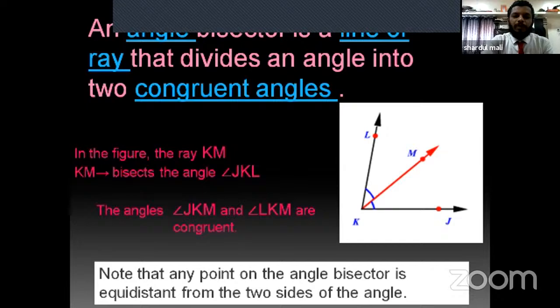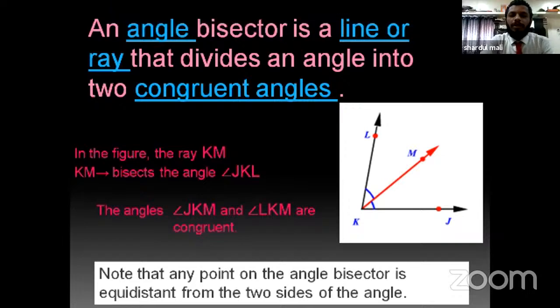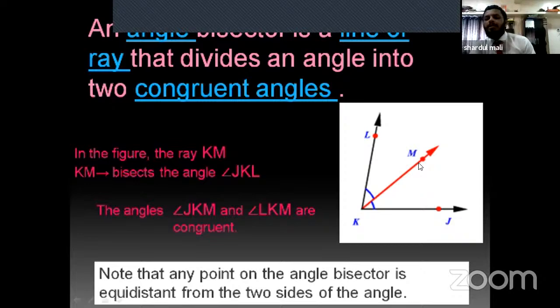One more point is important here: any point on the angle bisector is equidistant from the two sides of the angle. It means that we can see three points in the diagram: point L, point M, and point J. These three points are present on three rays.